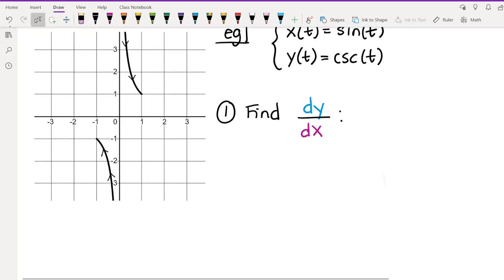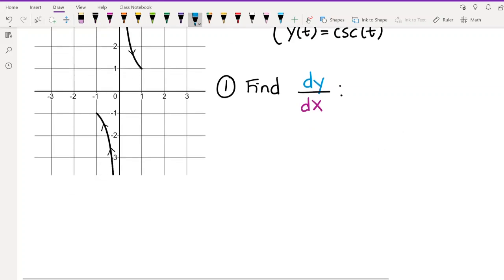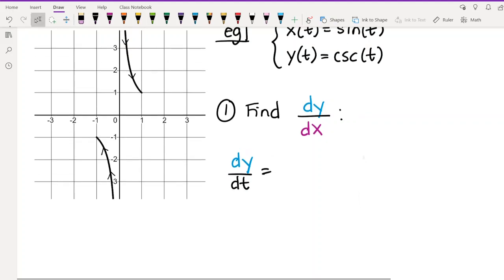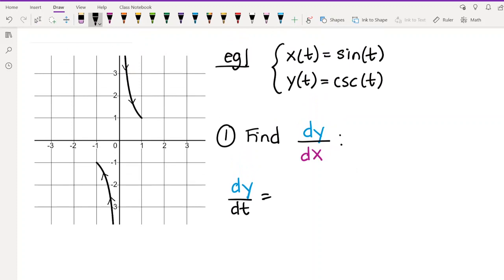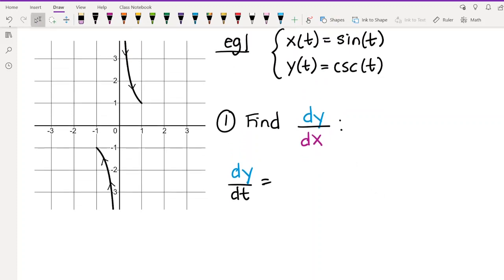Well, we want to start by finding dy/dt. So dy/dt is going to be the derivative of this second function, right? And so what's the derivative of cosecant? That's one that you might not remember off the top of your head, but it's negative cosecant cotangent.